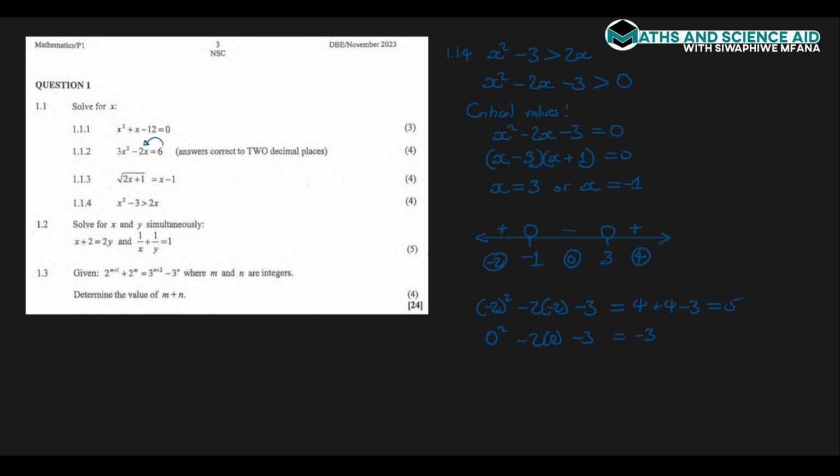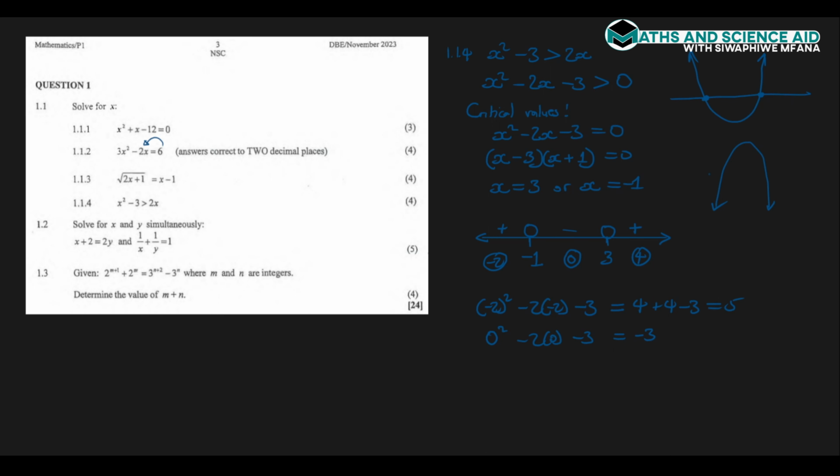Well, it's because this is a quadratic expression, right? And we know that the graph of a quadratic function can either be a smile or it can either be a frown. So if, for an example, this is the x-axis, here we would have the critical values, right?